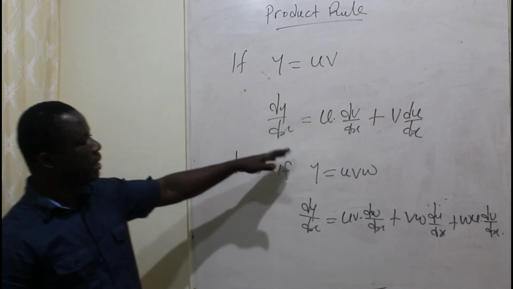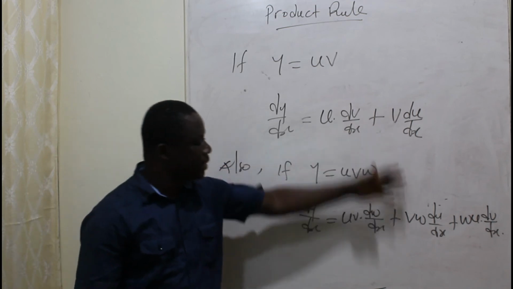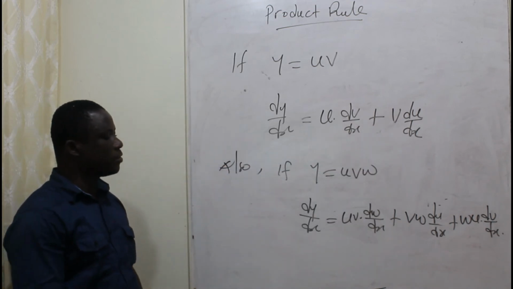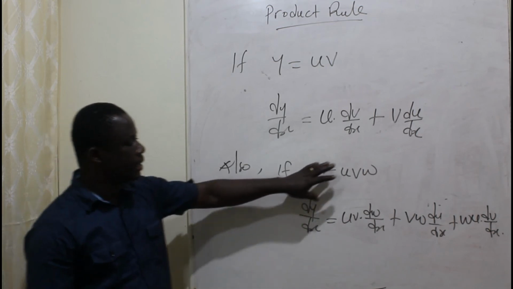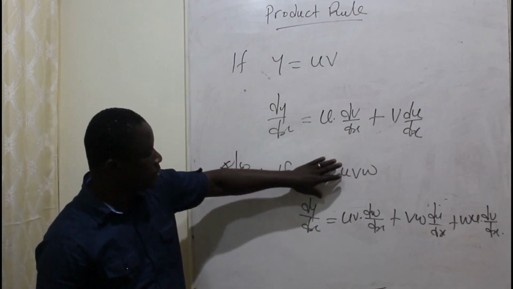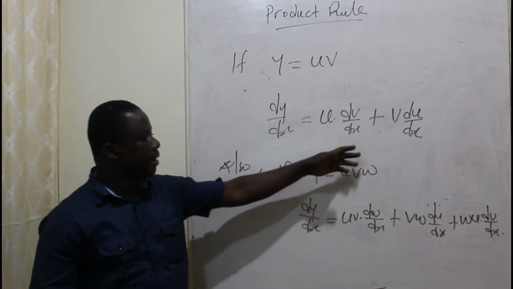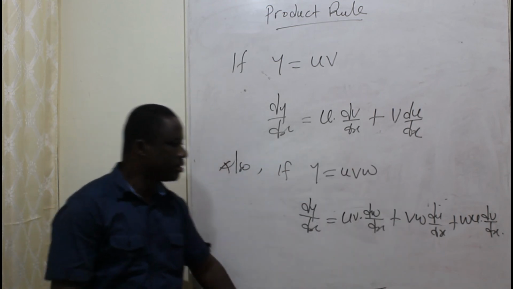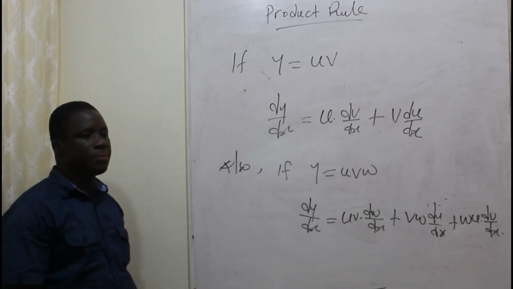So it holds that if the functions are many, this can also be done. You keep on maintaining two, then you differentiate one. That is the product rule.